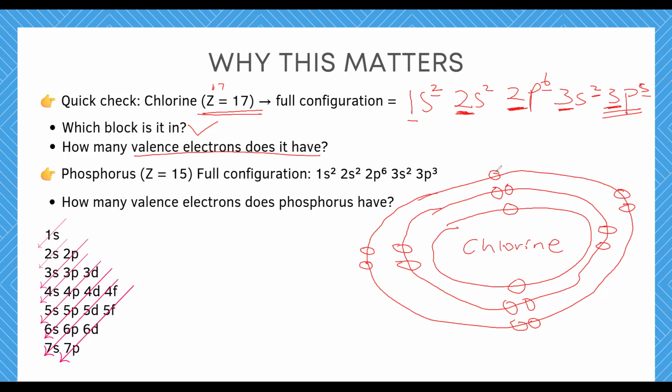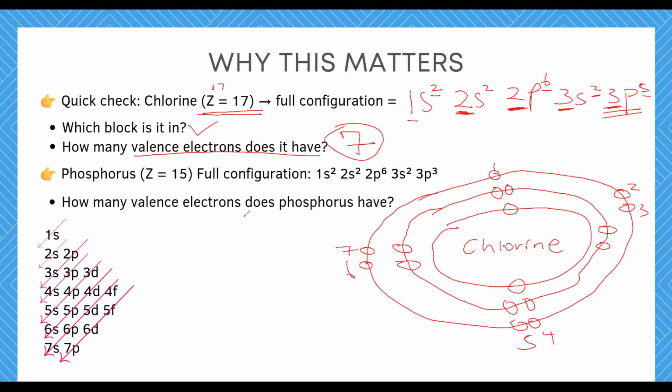So over here, let's count the number of valence electrons that it has. 1, 2, 3, 4, 5, 6, 7. So how many does it have? 7. Good. There are 7 valence electrons for chlorine in the outermost shell.